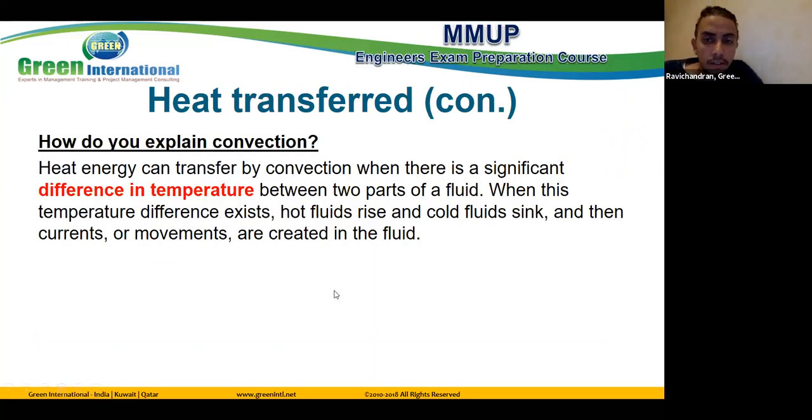Convection is heat transfer between two bodies according to temperature difference. Some part is hot and some part is cold, so the hot fluid rises and the cold fluid is thin, and this movement creates convection heat transfer.